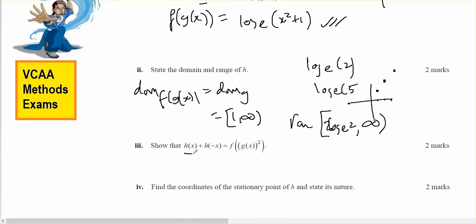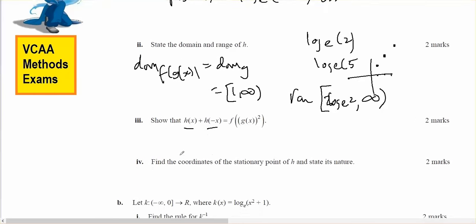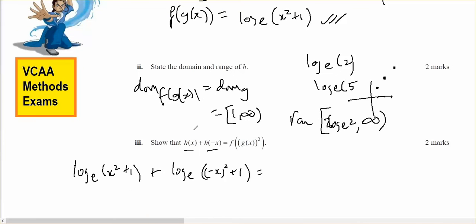Show that h of x plus h of minus x equals f of G of x all squared. Okay, so h of x is this. H of minus x is minus x wherever x is.